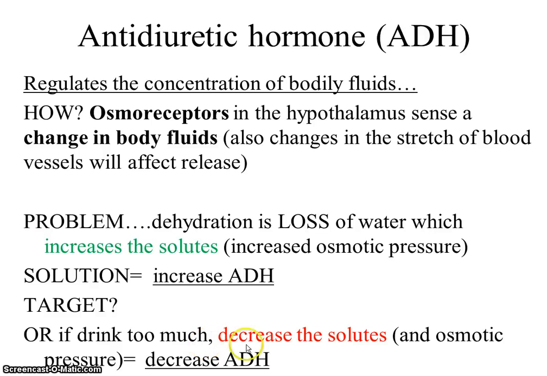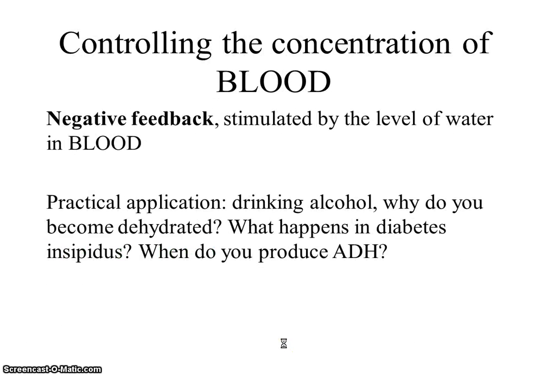If you consume too much fluid, then you're going to decrease the solutes, right? And when that happens, again, concentration of solutes decreases, the osmotic pressure decreases, and you will produce less ADH. All right? So ultimately, we are controlling the concentration of blood through ADH. And negative feedback, right? The level of water is the stimulus.